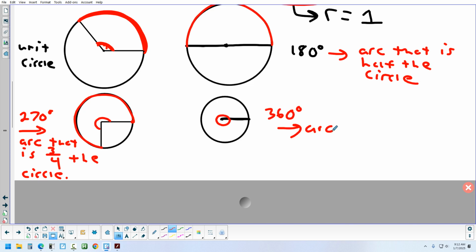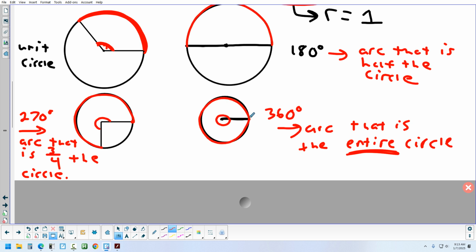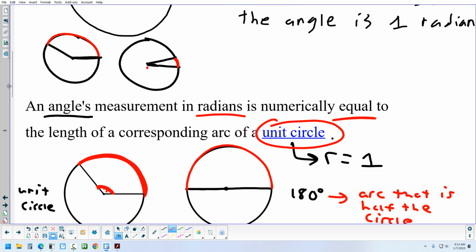And this gives you an arc that is the entire circle. And that's going to be the key. We give you this arc. If I can find the length of that arc, I know that the length of that arc is going to be the same as what?